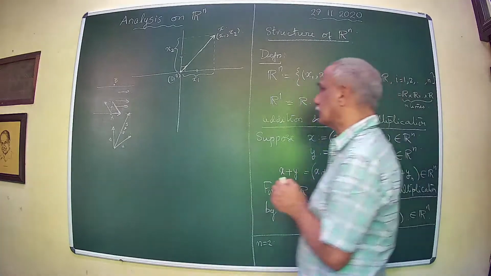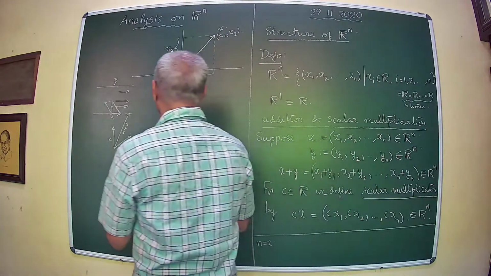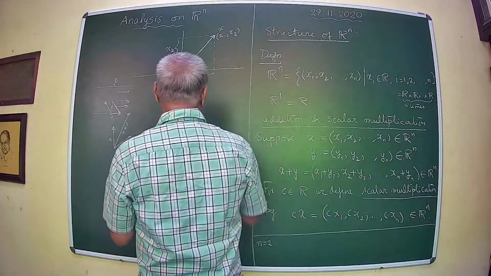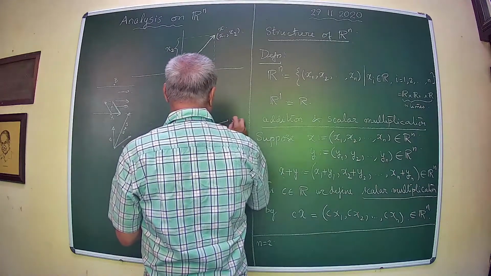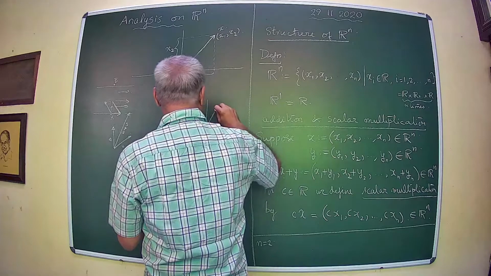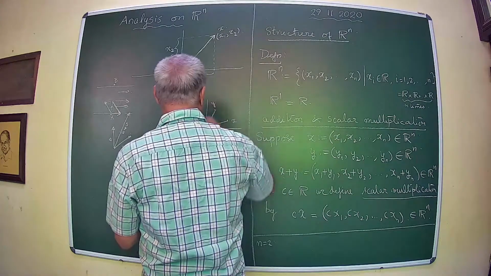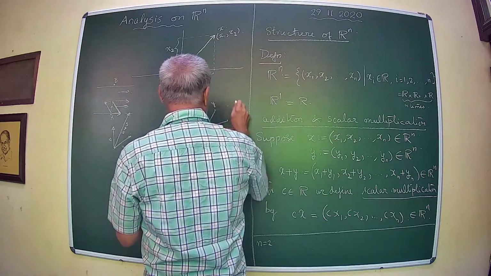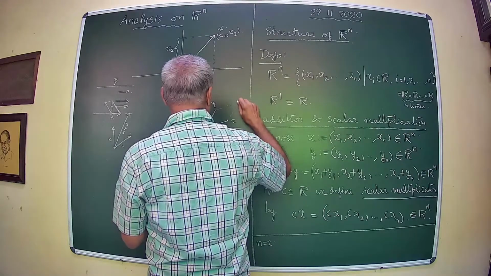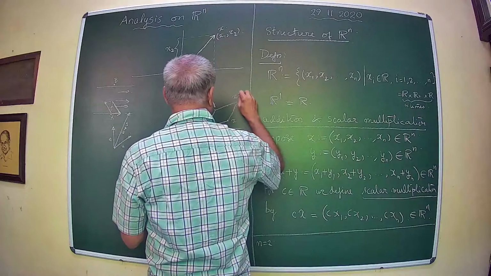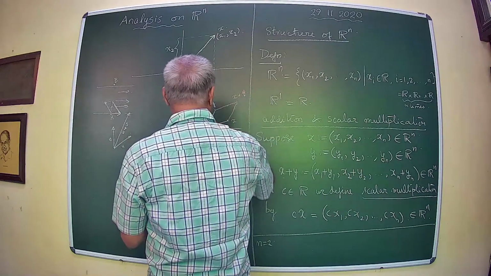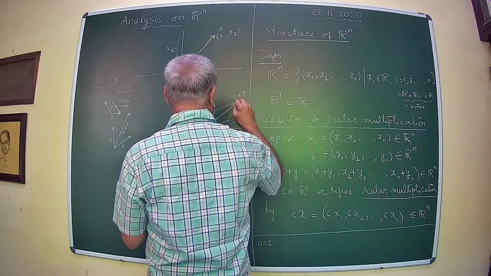Okay. So this is the information that is available. Now it was asked, suppose you have two vectors, say one x and the other one y, then you know what the sum of these two vectors, x plus y, is. This is the resultant vector.